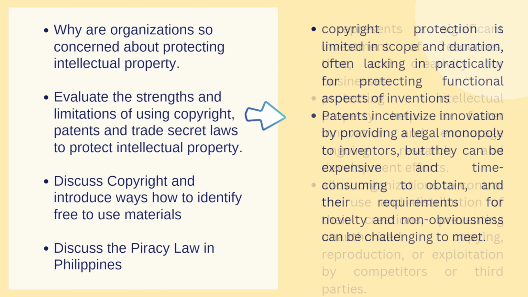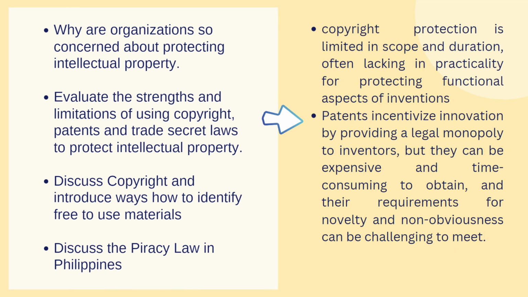So this time, let's evaluate the strengths and limitations of using copyright, patents, and trade secret laws to protect intellectual property. Copyright provides automatic protection for original works of authorship, offering creators immediate rights to control the reproduction, distribution, and public performance of their works.